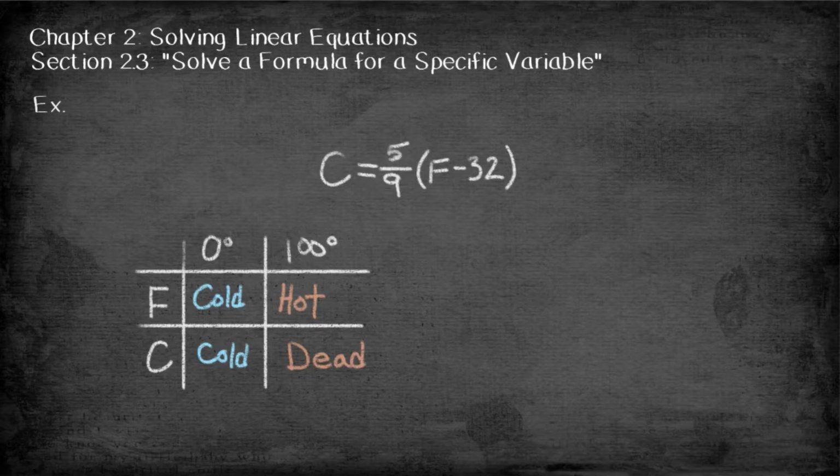So, all right, what we can do with this example is make the conversion formula go the other way. That is, if we solve for F, we can convert the other direction as well. Step 1 is going to be to clear the fractions. We can do that by choosing the appropriate denominator.